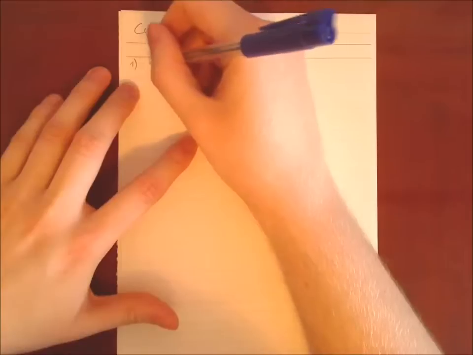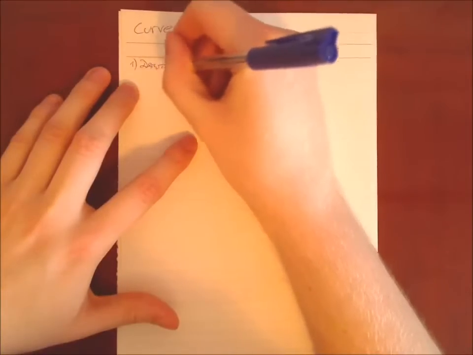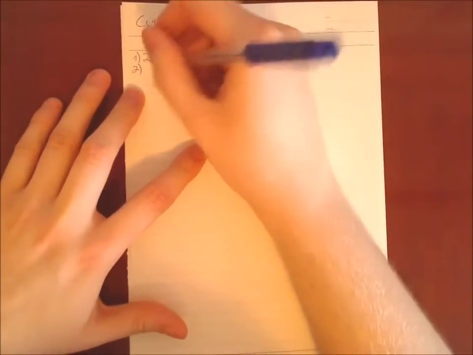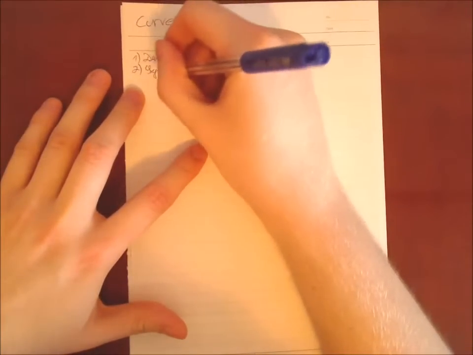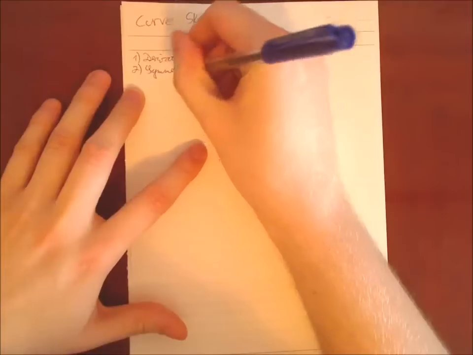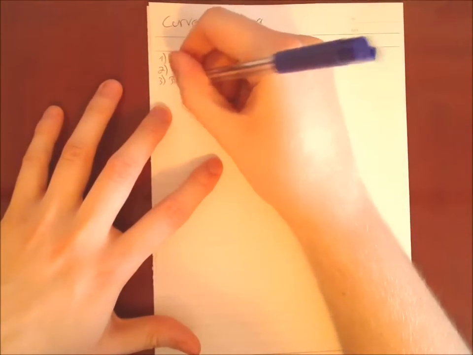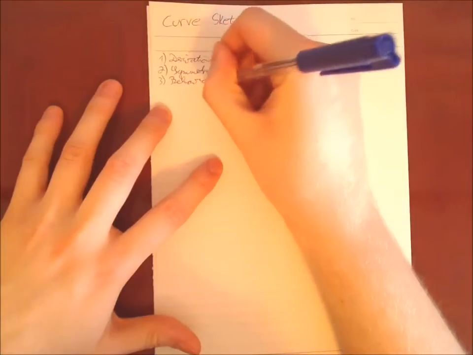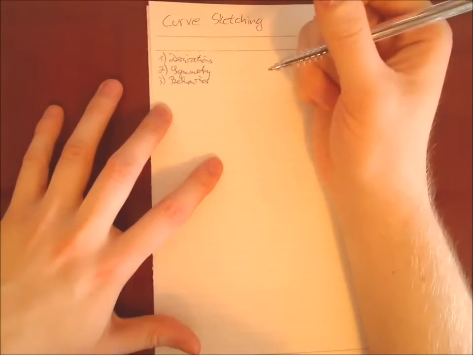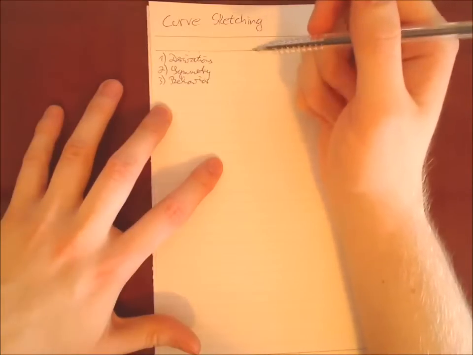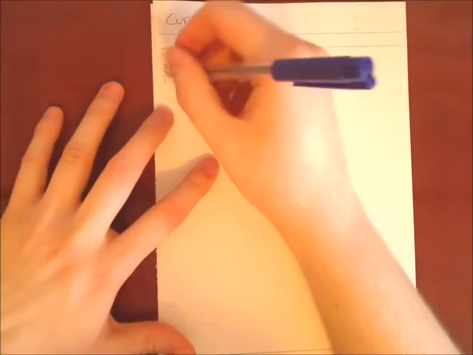First step is derivations. Second step is symmetry. Third step is behavior, which means the behavior of the function when x goes towards plus or minus infinity.